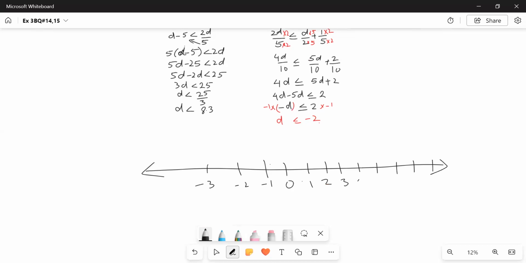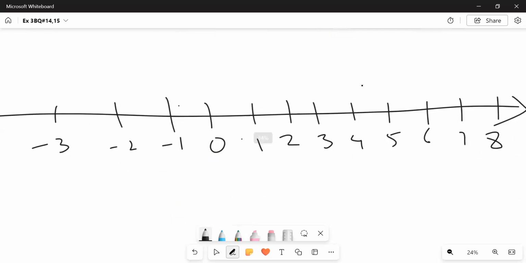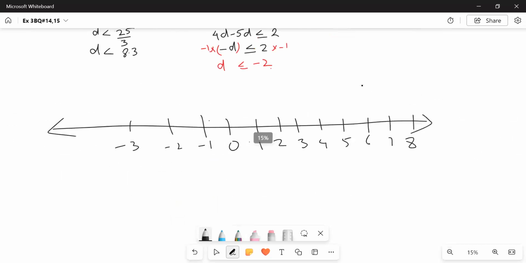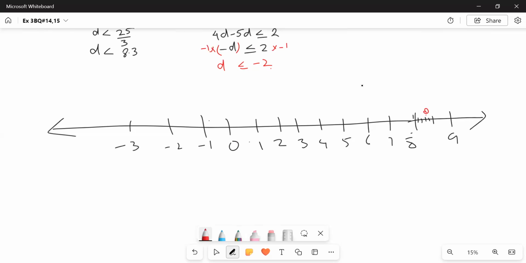The inequality is 8.3. This is the point 8.3, D lesser than 8.3.